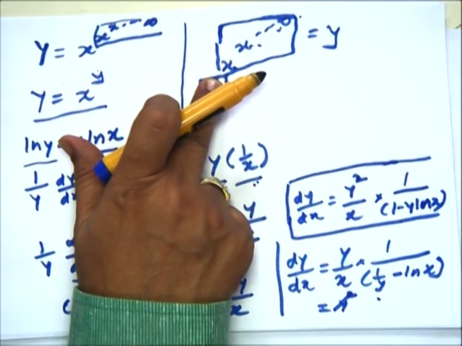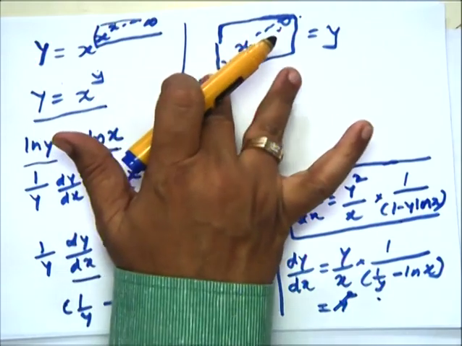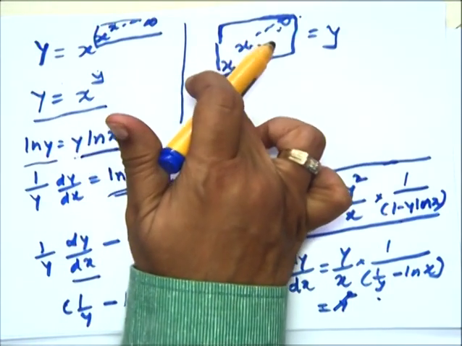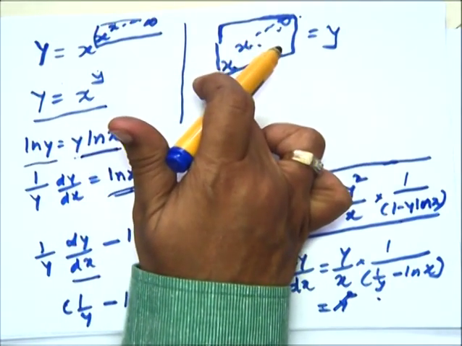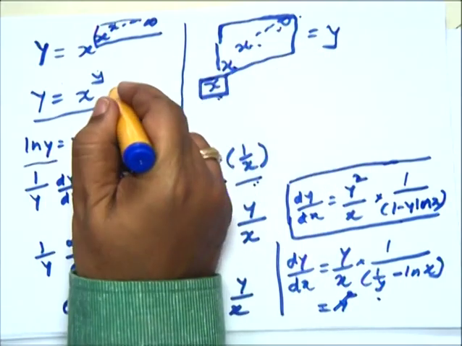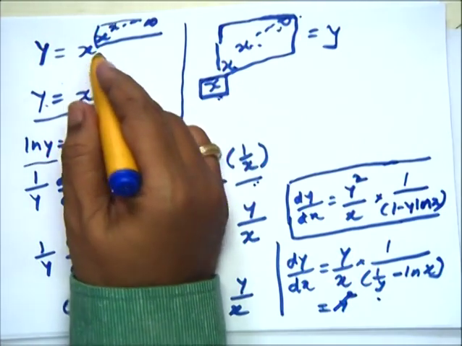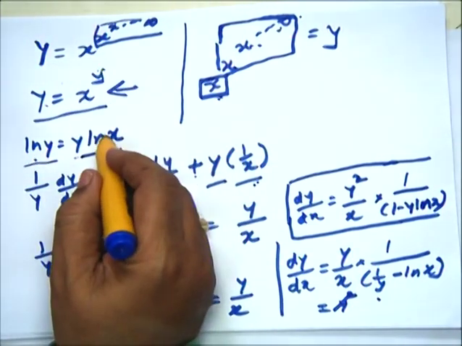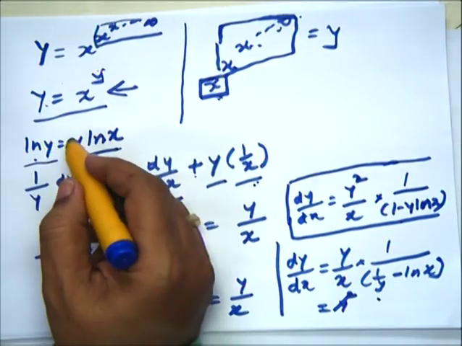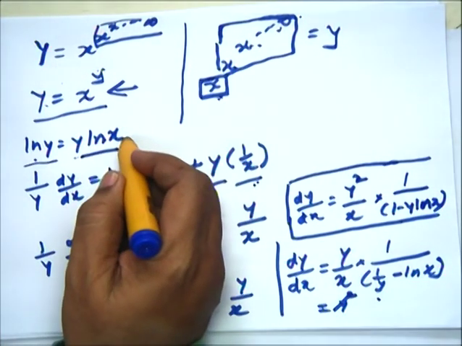Remaining part is also y, because in this also we have x raised to x raised to x raised to x infinite times. So the function can be rewritten as y is equal to x raised to y. Now taking log both sides, we have log y is equal to y log x.